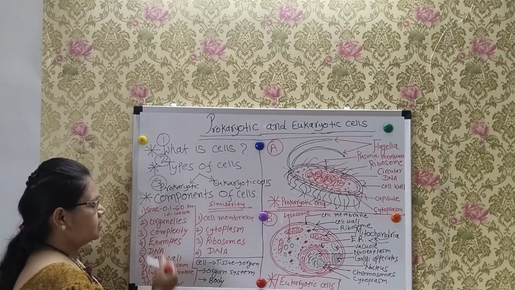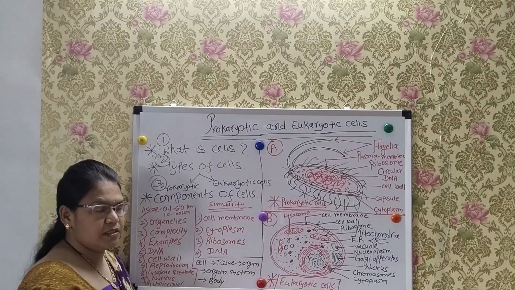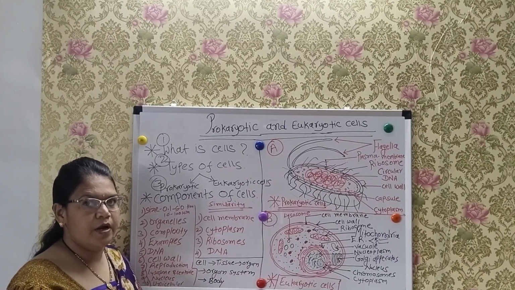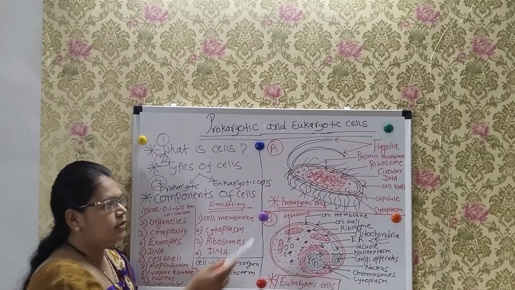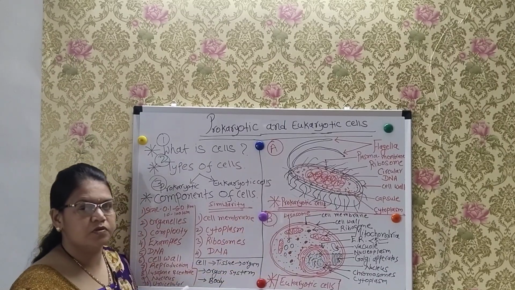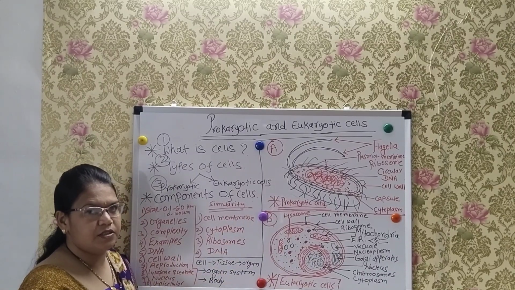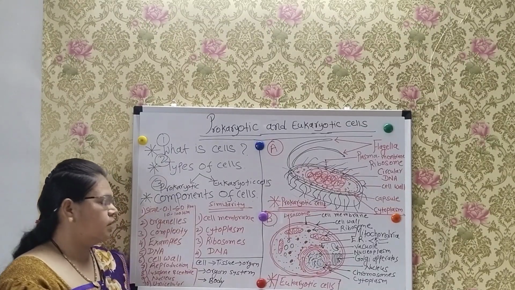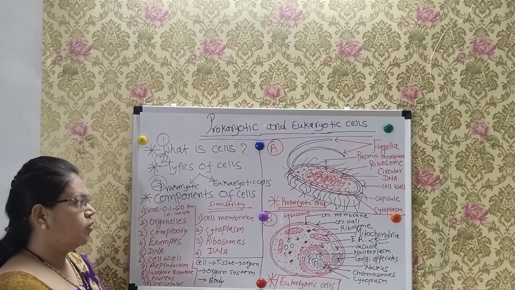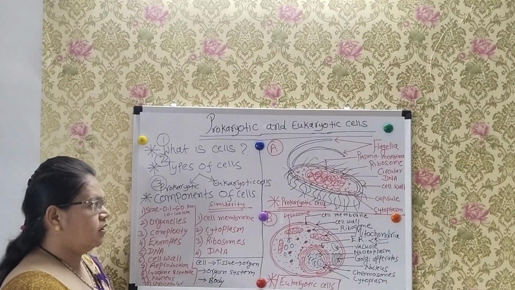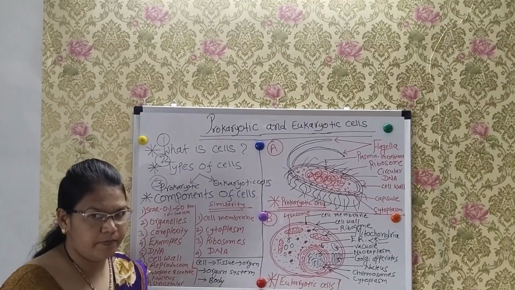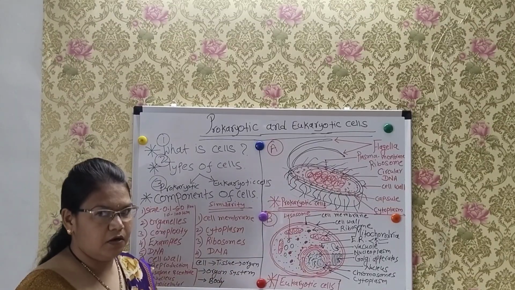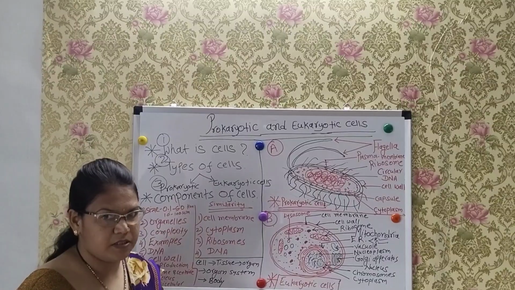First we see size. Prokaryotic cell size is approximately 0.1 to 5.0 hm, and eukaryotic cells approximately 50 to 100 hm. It means hectometer. Organelles: in prokaryotic cells a few organelles are present, but in eukaryotic cells all organelles are present.